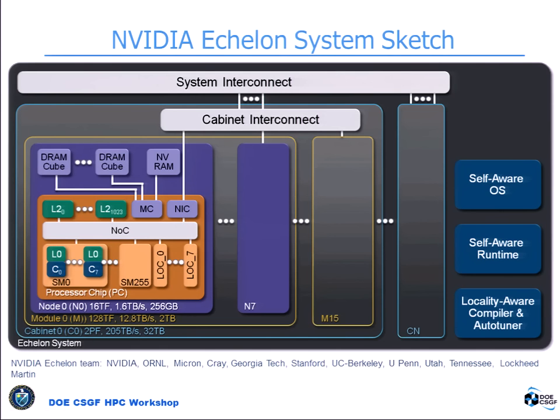So let's just pull all that together and think about what an exascale system might look like. This is a slide from the NVIDIA Echelon team, which is a DARPA UHPC project. And what we've done on that project is put this cartoon together that describes what a system might look like in that time frame.